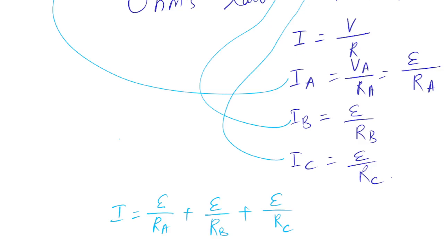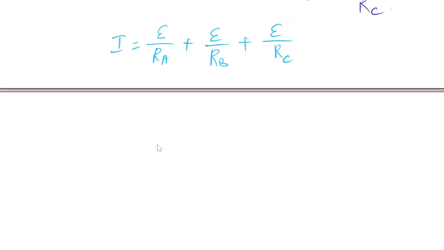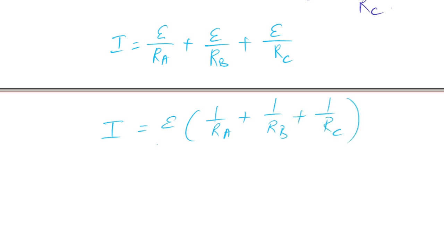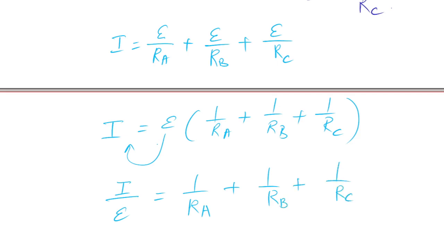Now, let me create a new page first. Like the previous topic, when we were studying the series combination, I can take epsilon common. So I equals epsilon times 1 by RA plus 1 by RB plus 1 by RC, right? Let's take epsilon to this side. I can write I by epsilon is equal to 1 by RA plus 1 by RB plus 1 by RC, correct?